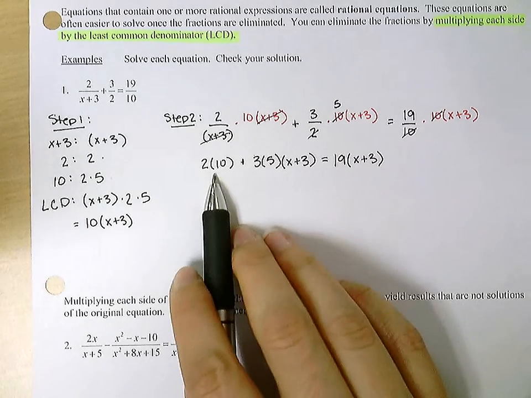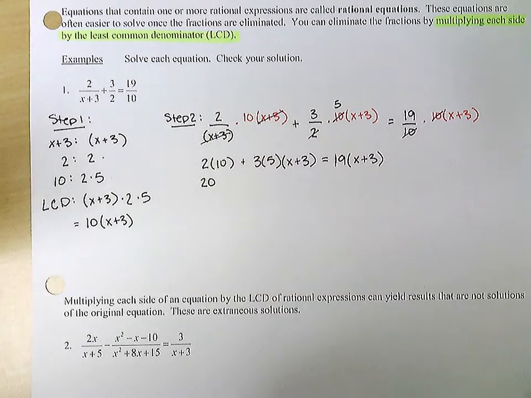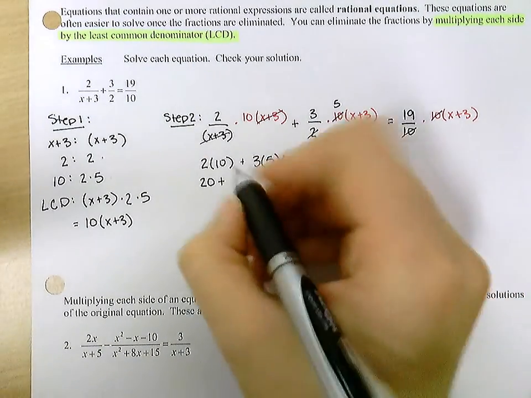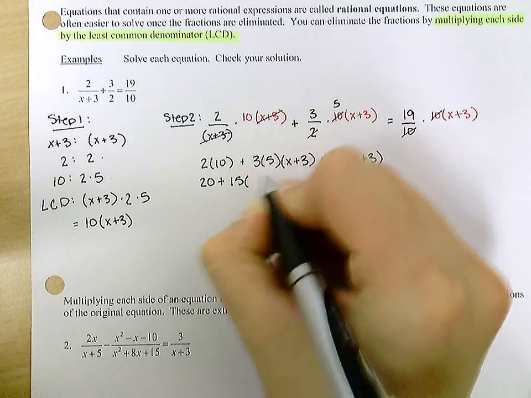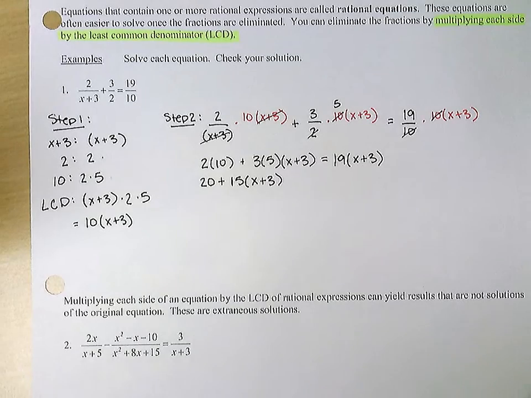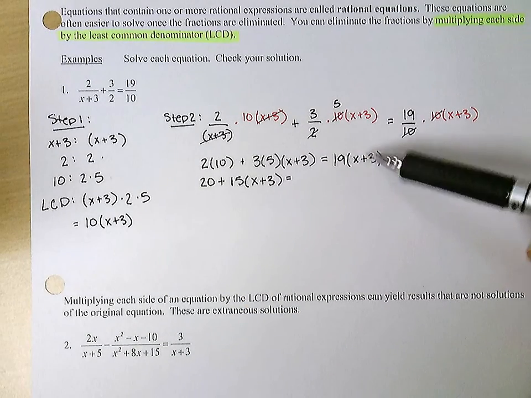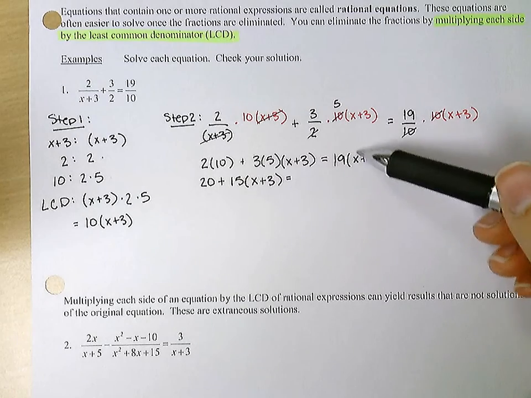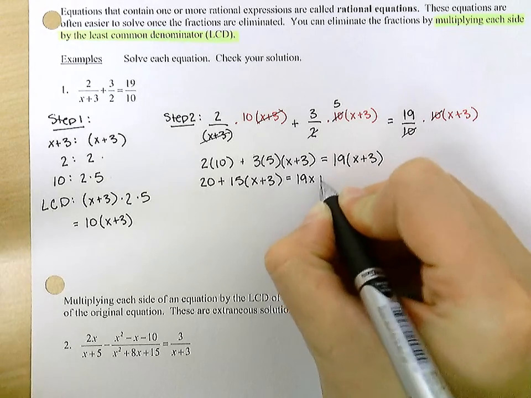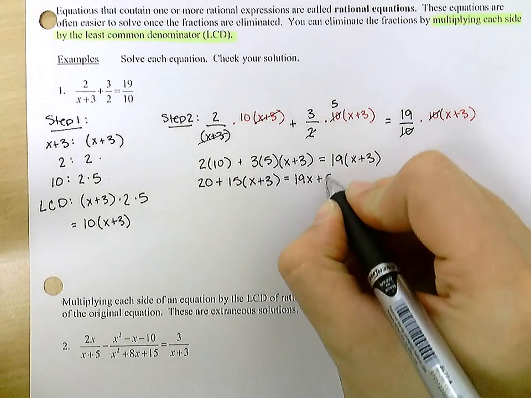So I can multiply 2 times 10 to get 20. Plus, I have 3 times 5 is 15 times the quantity x plus 3. And then here you have 19 times the quantity x plus 3. I would distribute that 19 to get 19x plus 57.